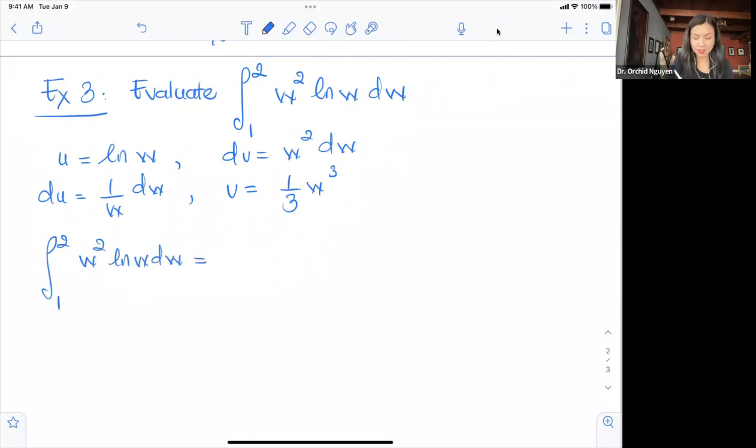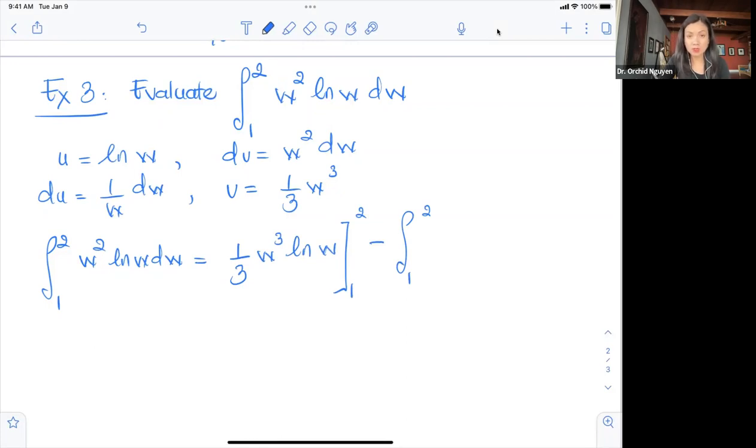So same thing, I'm going to have uv, so I'm going to put v first. One-third w cubed ln w, and we have to evaluate from 1 to 2, minus the integral from 1 to 2 of v du.